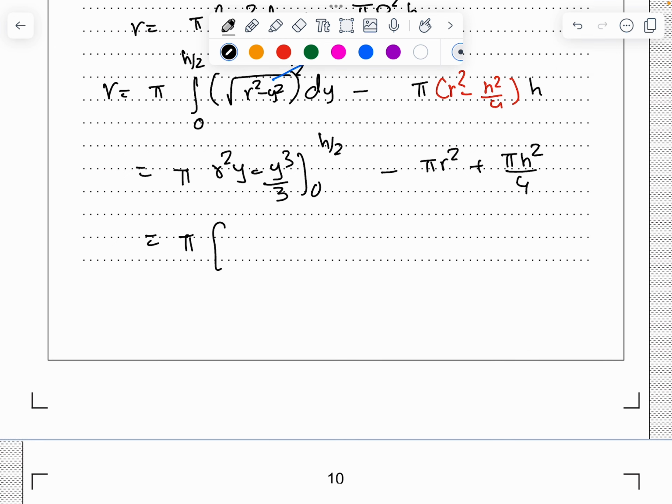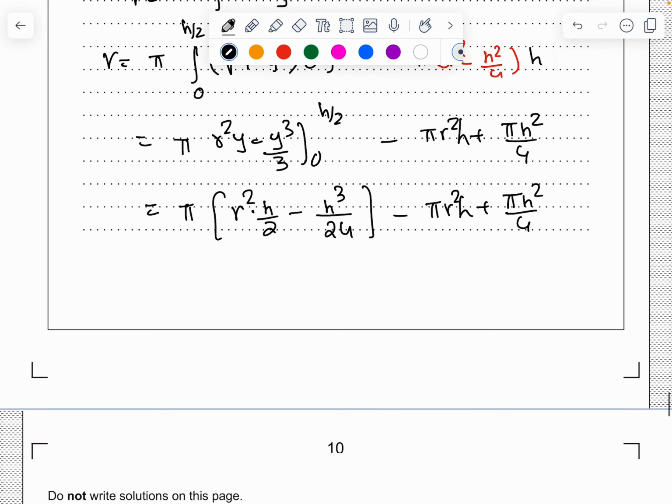Pi times h square upon 4, r square y is h upon 2, minus h upon 2 whole cube is h cube upon 8, 8 times 3 is 24, minus pi R square plus pi h square upon 4, pi R square h. Don't forget to write pi R square h.